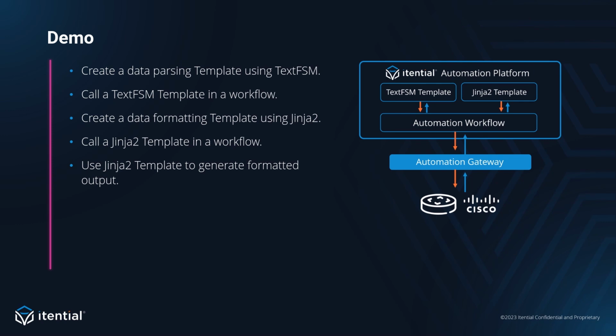And we will be querying a network device, a Cisco router running iOS, using another part of our platform called Automation Gateway, which has the ability to speak directly to any type of traditional network device in your network. And so let me switch over to screen share, and we can dive into the platform.